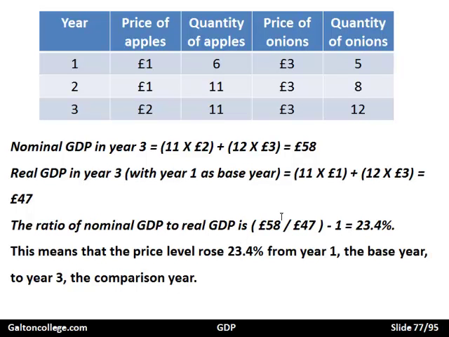Over here we've got three variables: nominal GDP, real GDP, and the deflator. So if we've got three variables, we've got one equation. That means we're able to solve it for real GDP, for nominal GDP, or for the deflator just by moving the terms around.